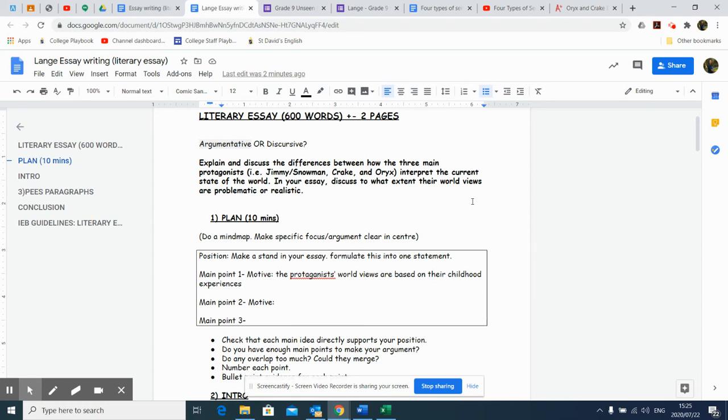They've all experienced some kind of trauma that has made them see the world the way that they see it now. Okay. And I said there in my position, make a stand in your essay, formulate this into one statement. So I would find a way of writing this out into one statement.